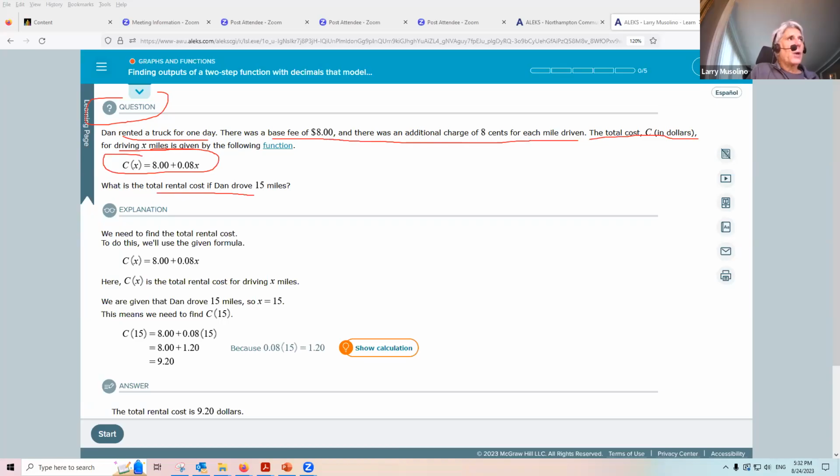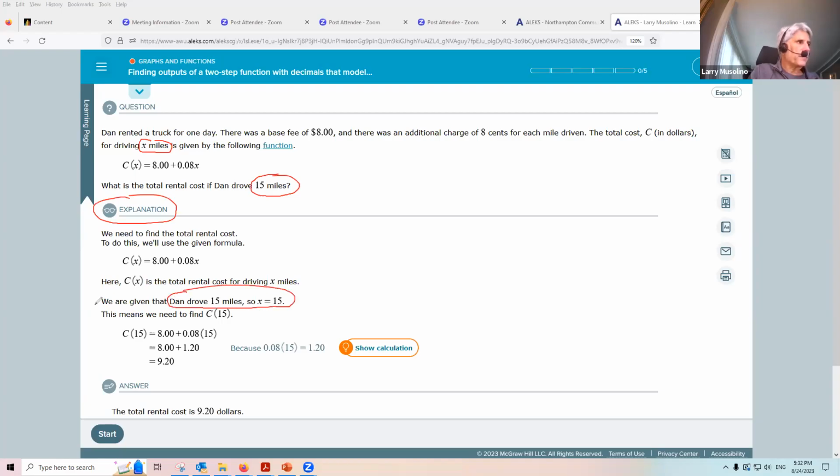Now remember, in this equation, they're telling me that X represents the number of miles. In this case, Dan is driving 15 miles. So before you try this yourself, ALEKS wants to give you an explanation. So notice here's the worked out explanation. It says here, Dan drove 15 miles, so X equals 15.